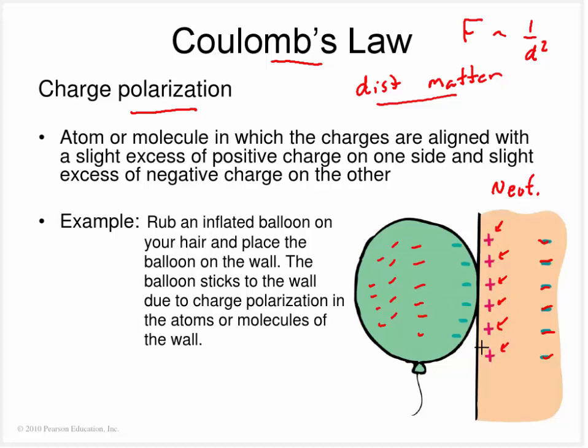These close positive charges are closer to the balloon than the negative charges, and so they win. There's going to be a net attraction between the balloon and the neutral wall because of this. We have a special name for this. What we actually call it polarization, and what we're doing is we're polarizing the wall. We're putting all the positives over here and all the negatives over there.